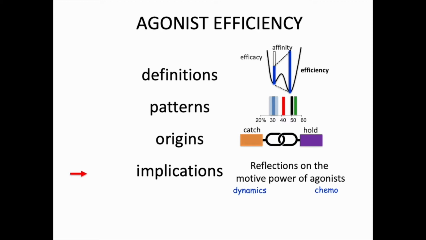The first three chapters of this pamphlet have focused on the chemo part of that, on changes in agonist energy. And now we're going to switch our attention away from the agonist and to the rest of the protein and try to understand the dynamics of the gating isomerization using what we've learned about efficiency as a starting point.